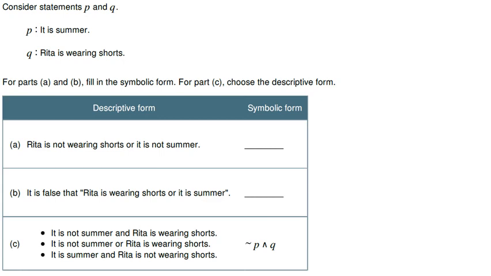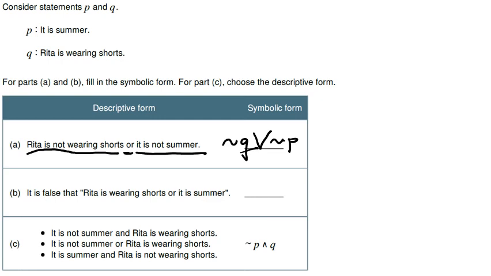Well, in A, Rita is not wearing shorts. Well, Q represents Rita wearing shorts. That's the negation, so we know that's not Q. We have the connective or, which is the V-shaped thing. It is not summer. It is not summer is the negation of P. So there is our symbolic form for A.